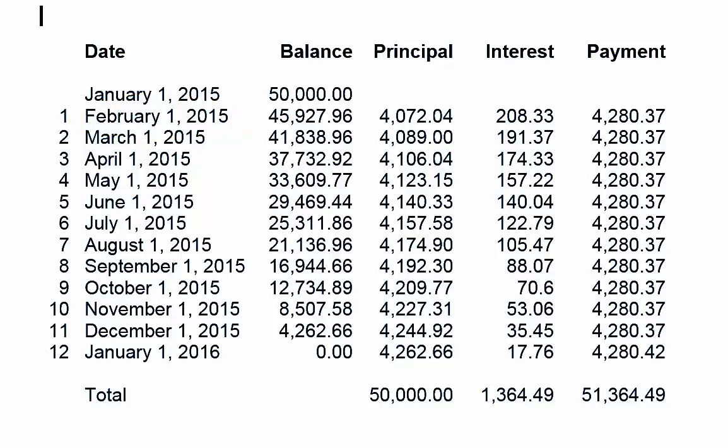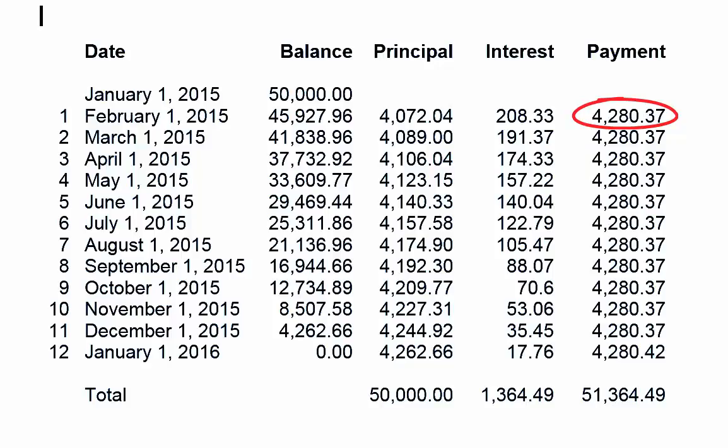As we have seen, we will bill $4,072.04 for principal and $208.33 for interest, so that the total payment will be $4,280.37.